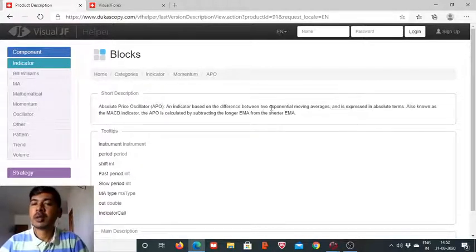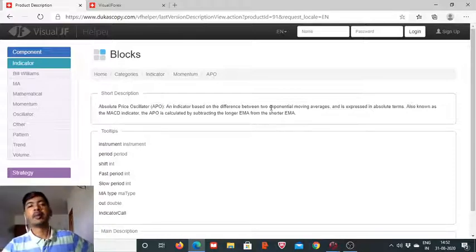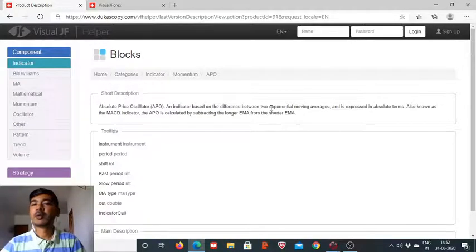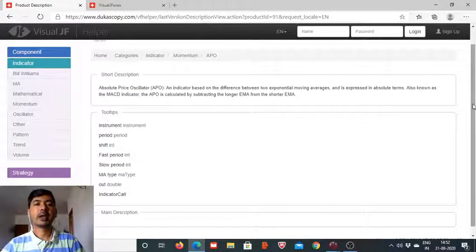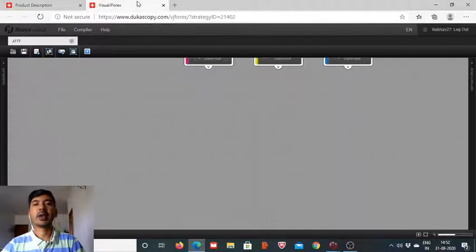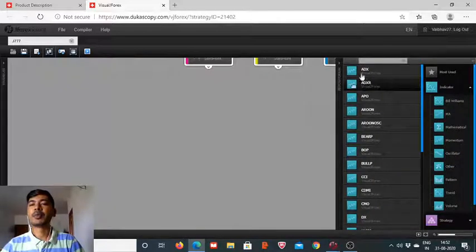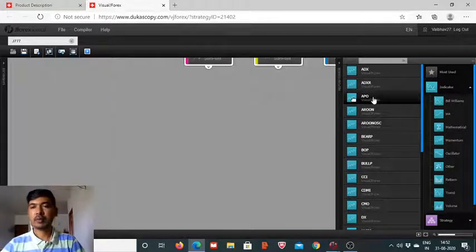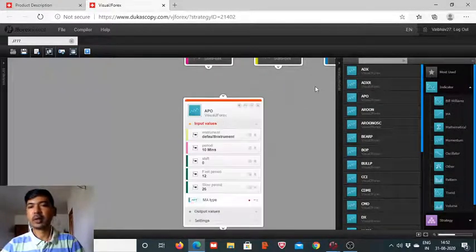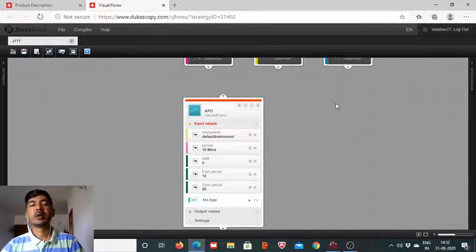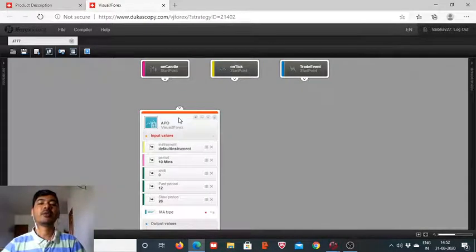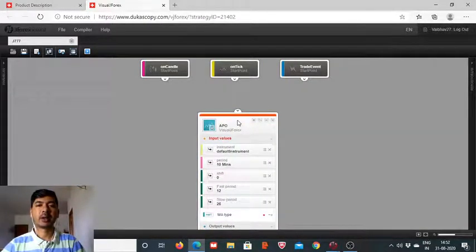Here the focus has been given to the EMA, as most traders prefer to work with the exponential moving average, and we will see how we can deploy these on the Visual JForex platform, and also its use to build a profitable algorithmic system which can be deployed on the demo or the live account if you are confident enough of its efficiency and its underlying logic.